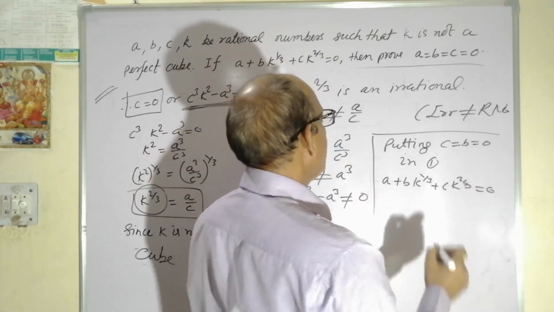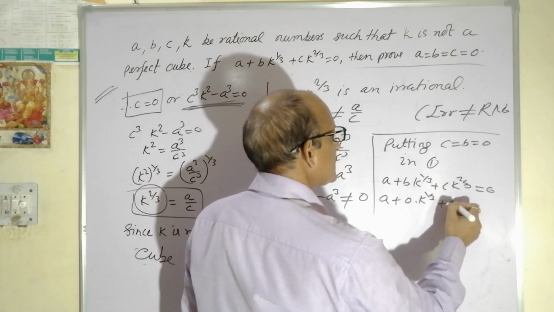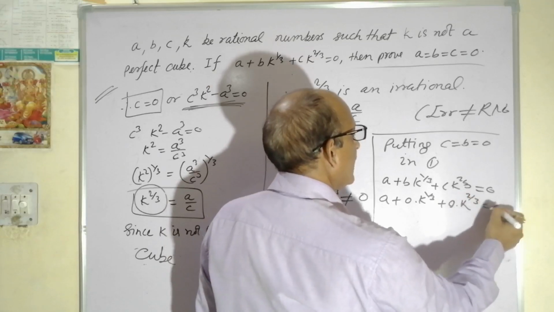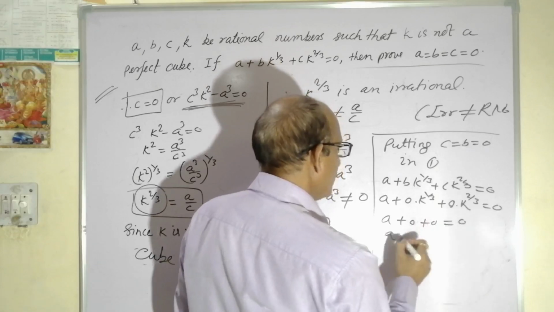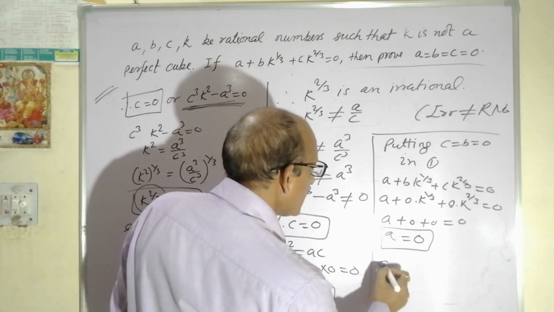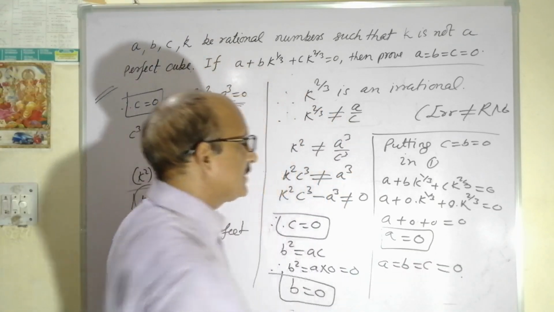Put the values: a plus 0 into k^(1/3) plus 0 into k^(2/3) equal to 0. So a plus 0 is equal to 0, so a is also equal to 0. Finally, a is equal to b is equal to c is equal to 0. That's all for this question.